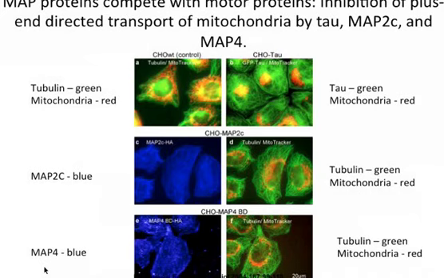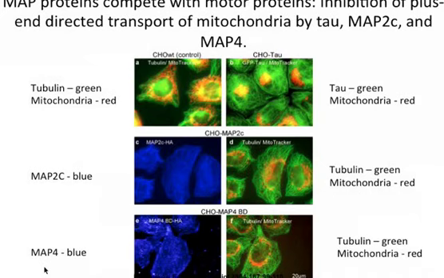Yes. Okay. So MAP proteins, they bind to the side of microtubules, right? And what else goes on microtubules? Someone told me before something that might travel along microtubules. Motor proteins. Okay, so MAP proteins actually compete with motor proteins.